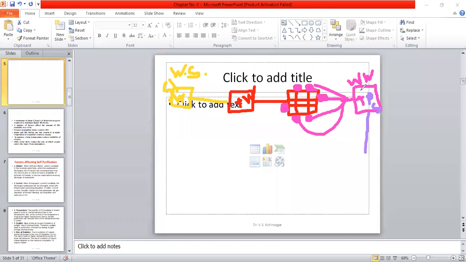Then what we do is collect that treated sewage and dispose of it by the three different methods we discussed at the start of this chapter: the natural method, artificial method, and combined method. Now we are focusing on the natural method.